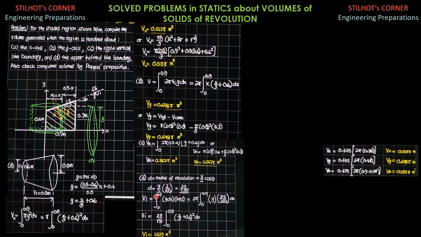By the way, d is y over 2 times cosine theta, and cosine of theta is 3 over square root of 10 because the slope is 1/3. So that should be square root of 3 squared plus 1 squared, square root of 10. So d is y over 2 times cosine theta, 3 over square root of 10. So it is 3y over 2 square root of 10.